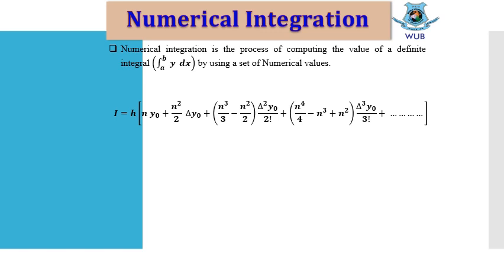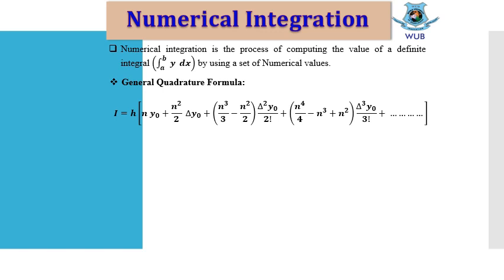Okay. There is a general quadrature formula, and you can see that the general quadrature formula is I equals h into n y naught plus n square by 2 del y naught plus (n cubed by 3 minus n square by 2) del square y naught by 2 factorial plus up to nth term.